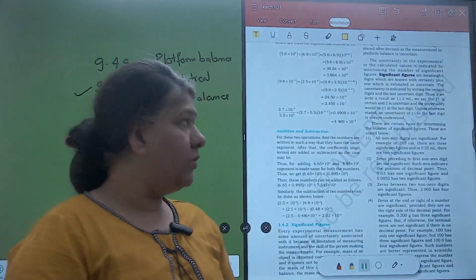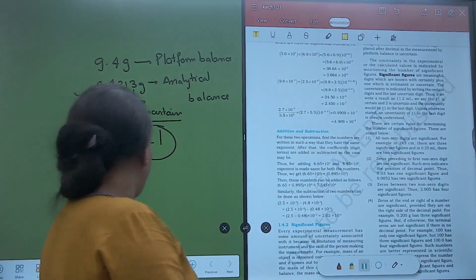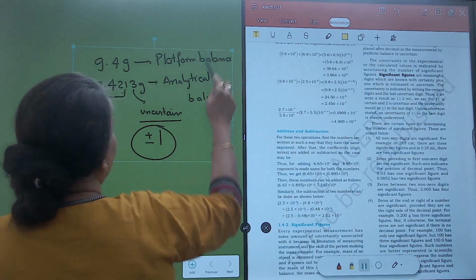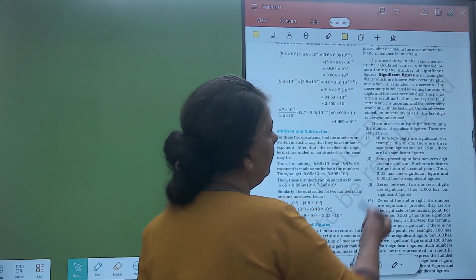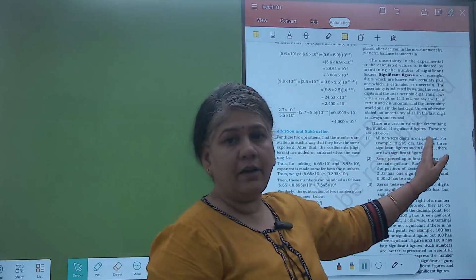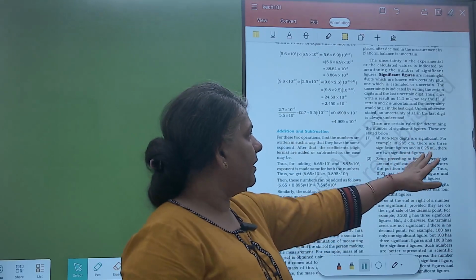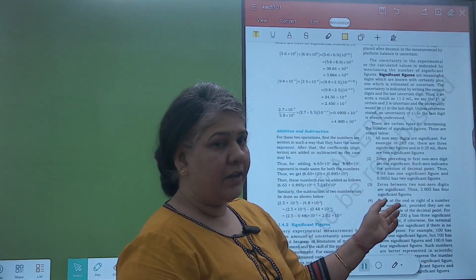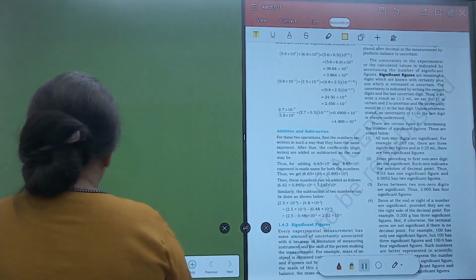Now let's see the rules which help us to determine significant figures. First rule says all non-zero digits are significant. For example, 285 centimeters. Here 2, 8 and 5 are the three digits, hence it has three significant figures.